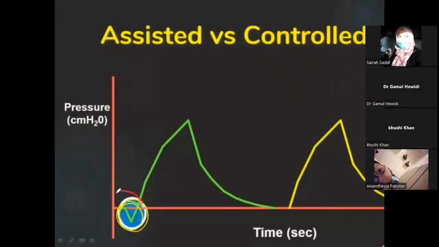And the one that is lifting this negative one to the top and then letting it down, this is the assisted ventilation pressure curve.